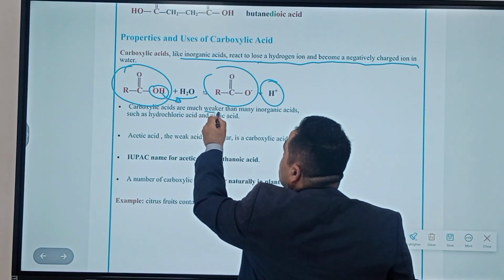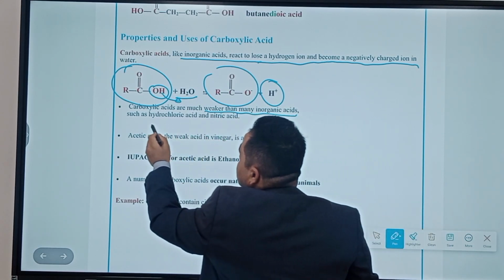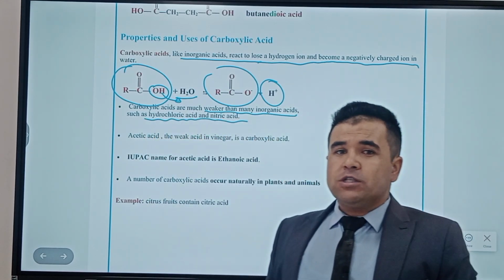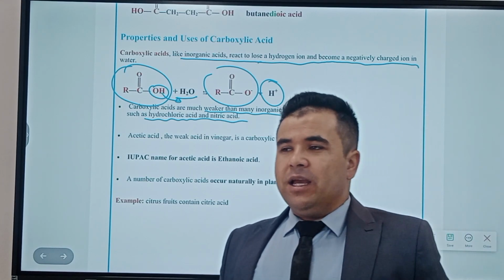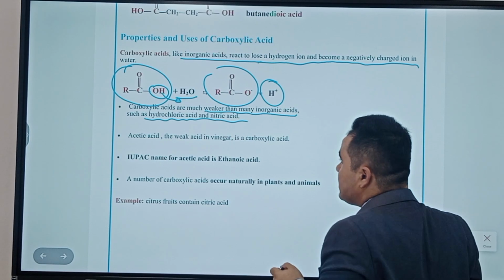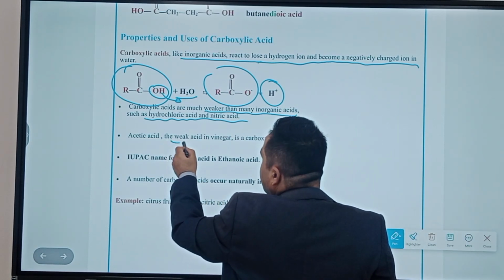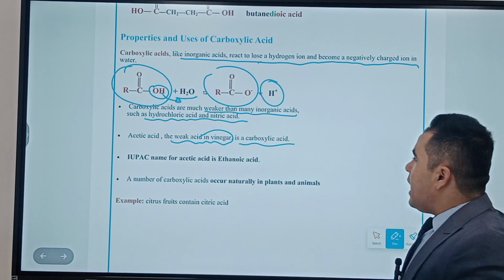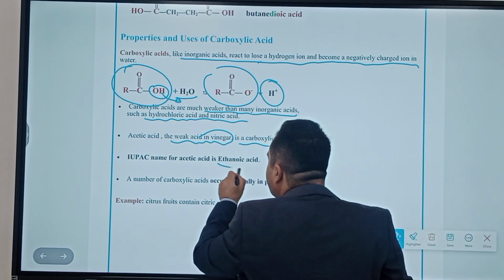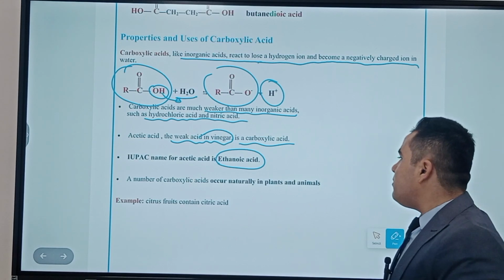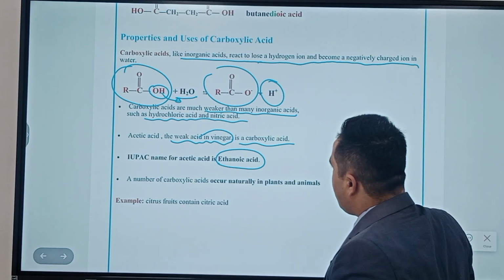Carboxylic acids are much weaker than many inorganic acids such as hydrochloric and nitric acids. Acetic acid, the weak acid in vinegar, is a carboxylic acid. Acetic acid is the common name of ethanoic acid in the IUPAC system.